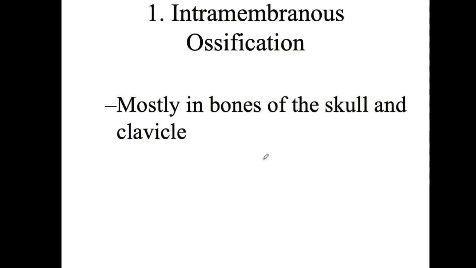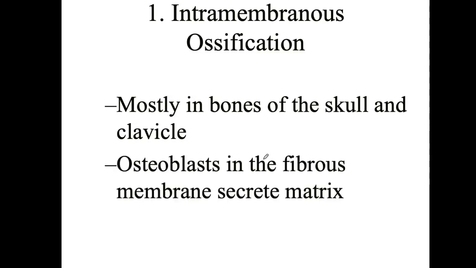So let's start out with the intramembranous ossification. This happens mostly in the bones of the skull, and for some weird reason, also the clavicle. So skull and clavicle is what you're thinking of. And what happens is you have osteoblasts, remember those young cells, in the fibrous membrane, and they are the ones that are secreting the matrix.